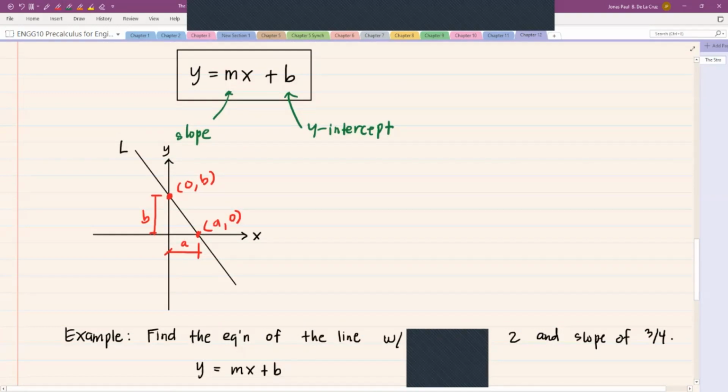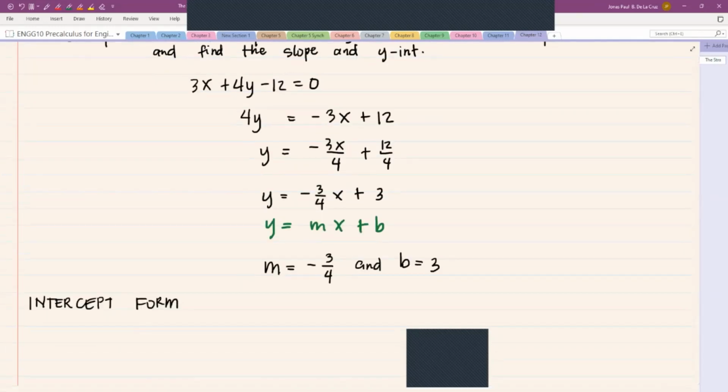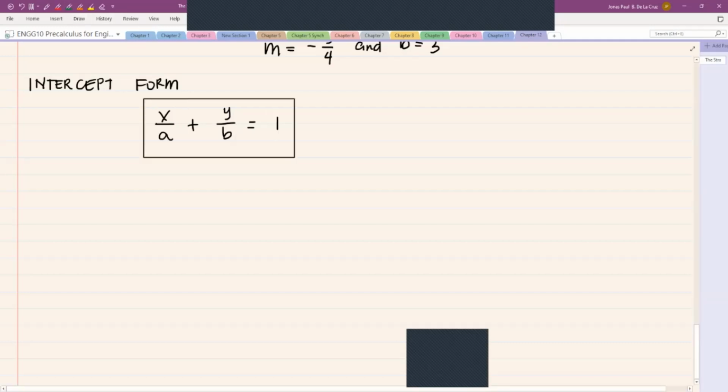Di ba ang x-intercept is the A and the y-intercept is the B. So dito sa intercept form, gamitin natin yung A and B. The intercept form of the line is x over A plus y over B is equal to 1. Ito yung intercept form of the line. Kapag given yung x and y intercept, substitute lang natin dito yung a tsaka b. O di meron na tayong equation. Ganun lang, ano?